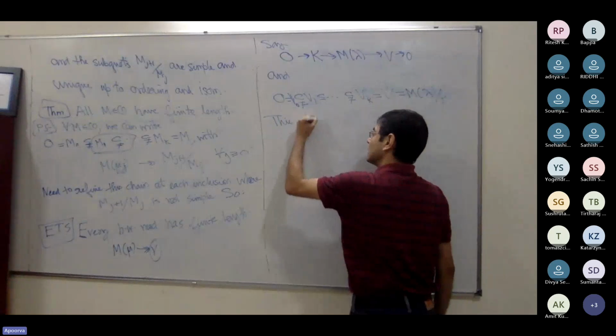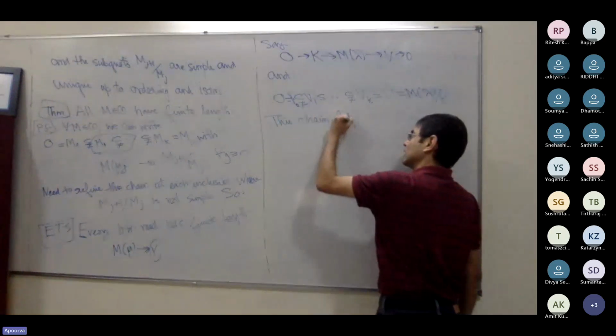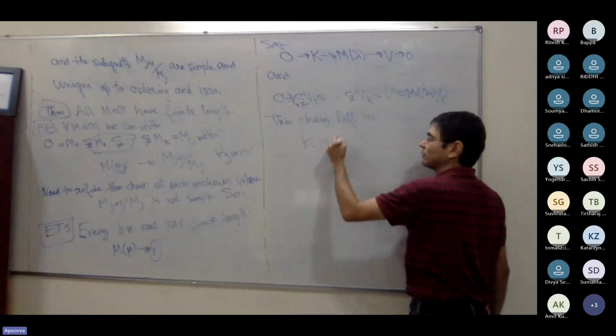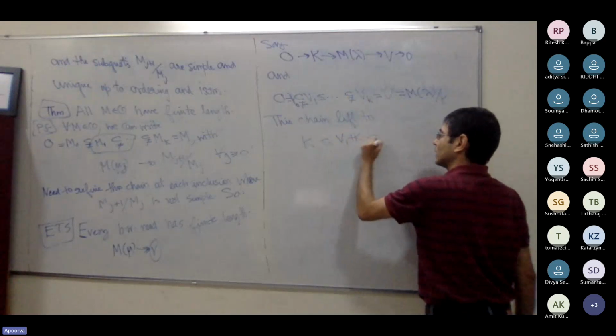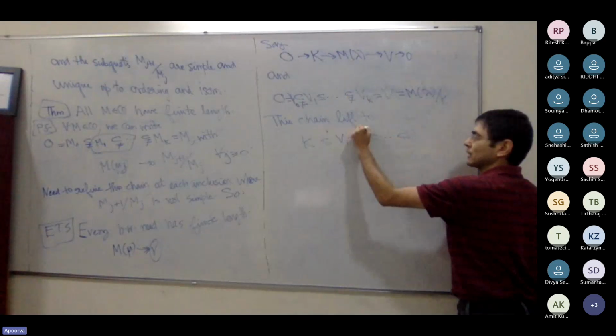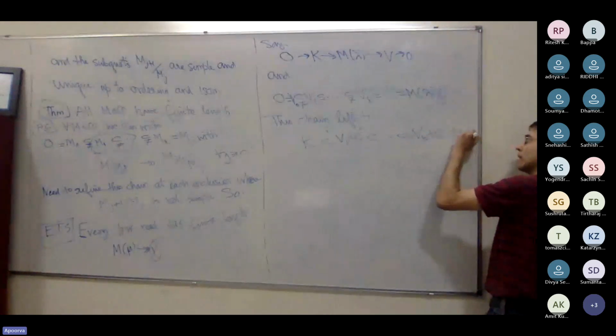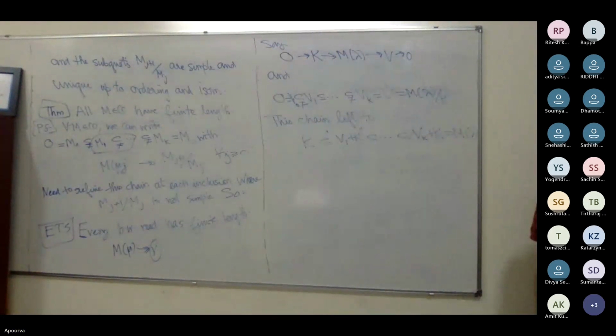This chain will lift to k to whatever, the lift of v1 plus k, I'm calling it v1 plus k, of course, to vk plus k.